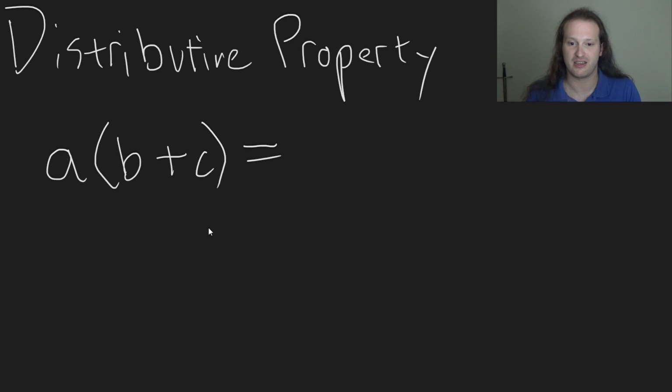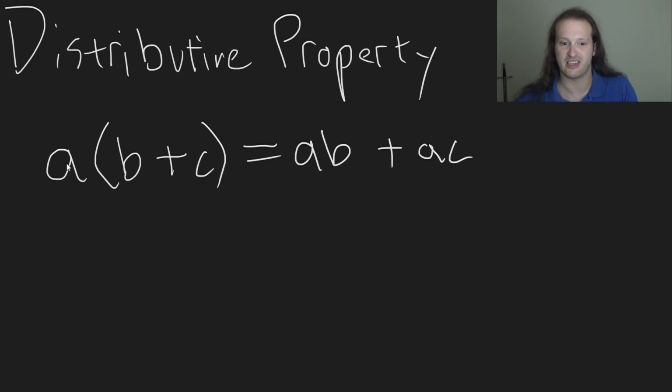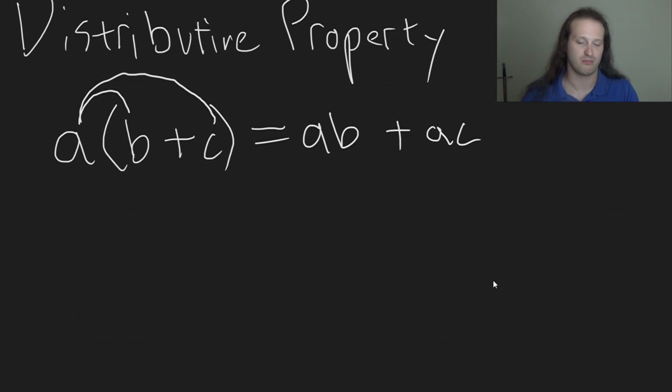So A times B plus A times C. The A is hitting both of the things on the inside. A lot of people, when they're learning this, draw little hump arcs to remind themselves what they're doing there. So, an example.